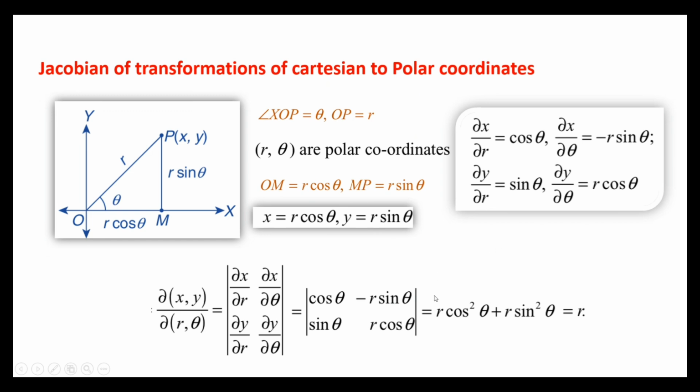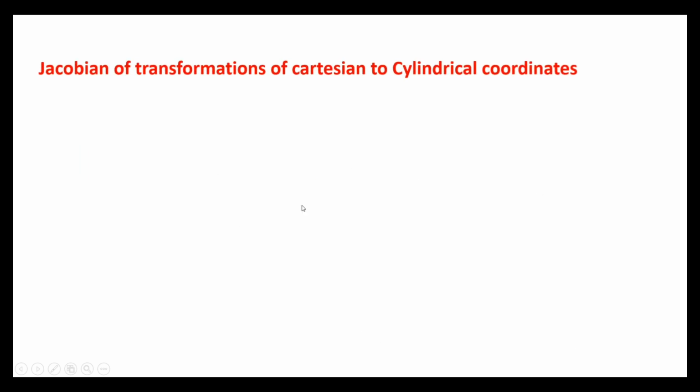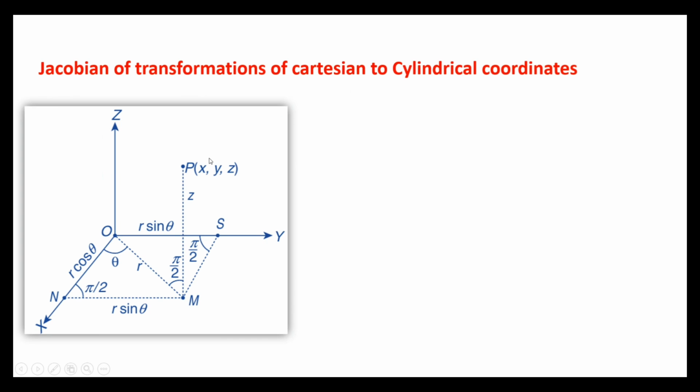The next item is the Jacobian of transformations from Cartesian to cylindrical coordinates. Now you can see, let (x, y, z) be the Cartesian coordinates of the point P in 3-dimensional space. From the point P, we can draw a line PM which is perpendicular to the xy plane. Join the line OM.